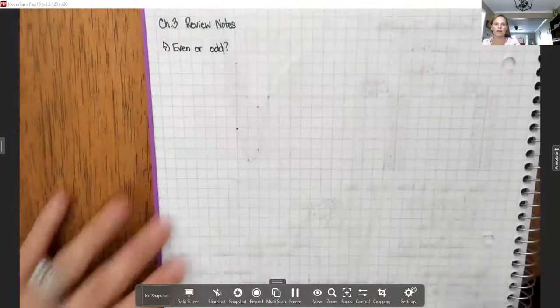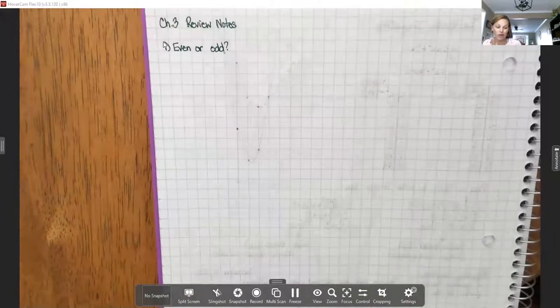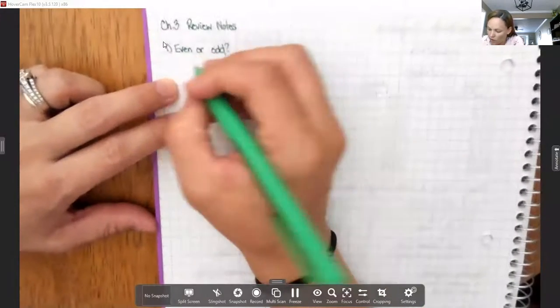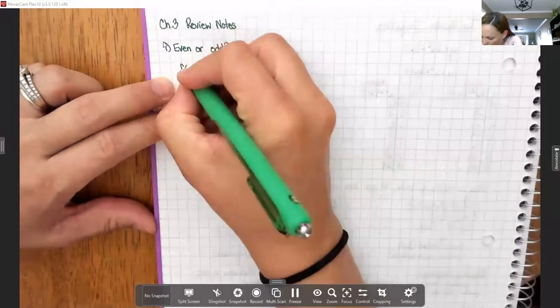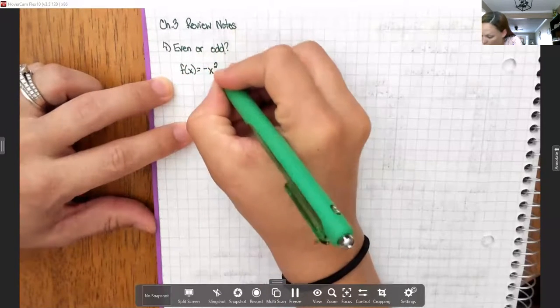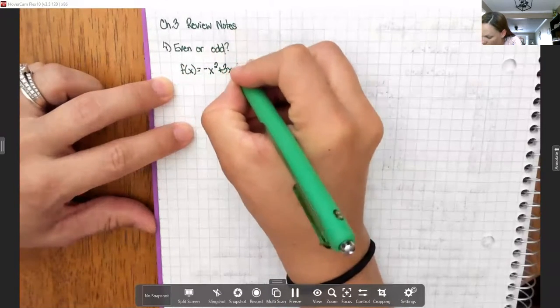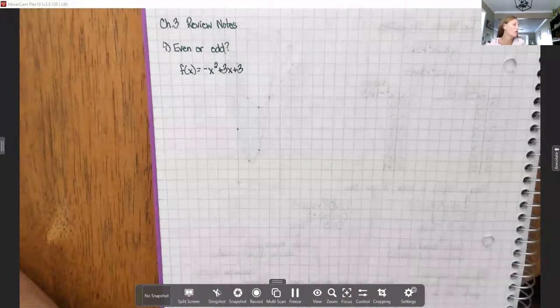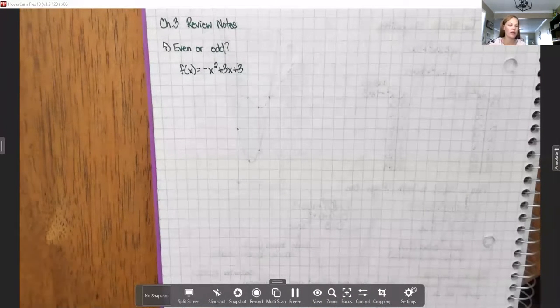We're going to try to determine if this is even or odd or neither, or both. So the equation is f of x equals negative x squared plus 3x plus 3. We're going to go over both algebraically and graphically here.